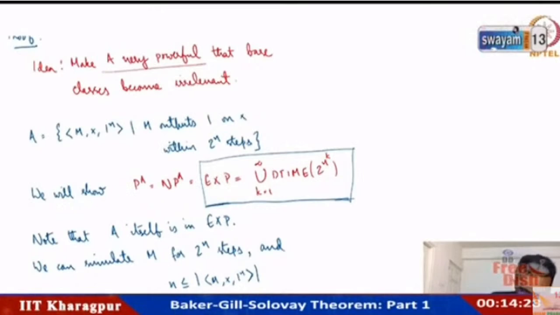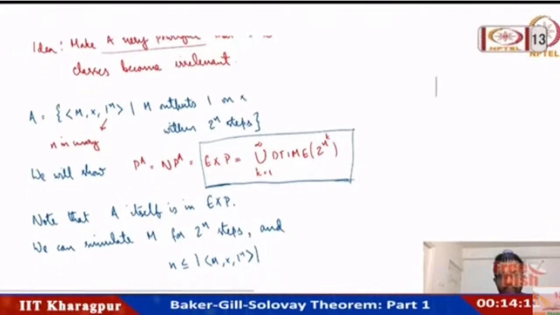So this is just 1^n, nothing but n in unary. So you are given n in unary, and the language is that M should output 1 on the input x within 2^n steps. Okay, M should output 1 on x within 2^n steps.